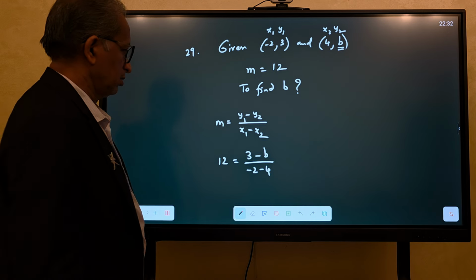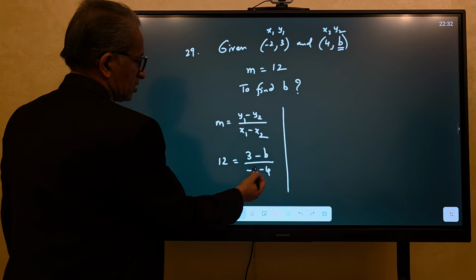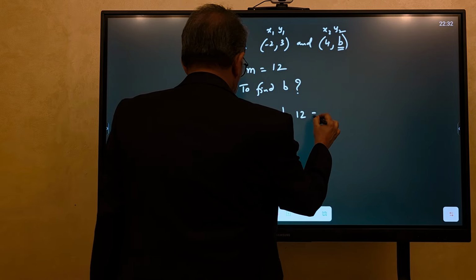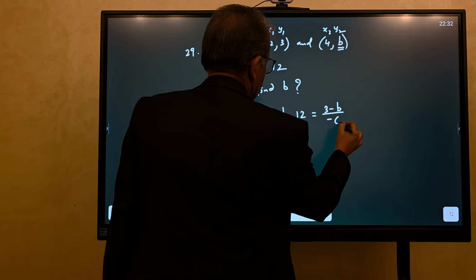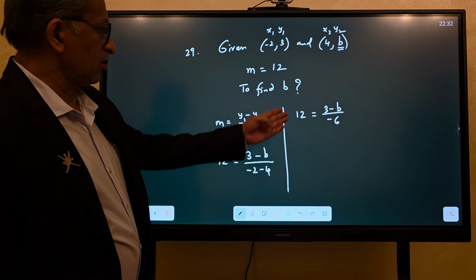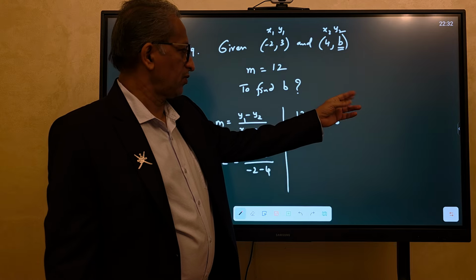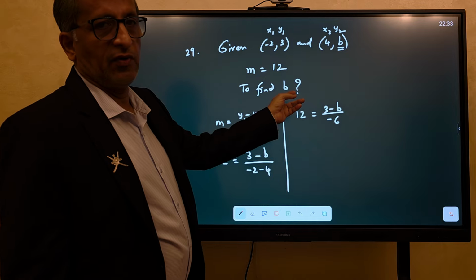Then we have what we call a linear equation in b. So let us simplify first. 12 equals 3 minus b over minus 6. So we got a linear equation in b with power 1. Solve this, you will get the value of b.